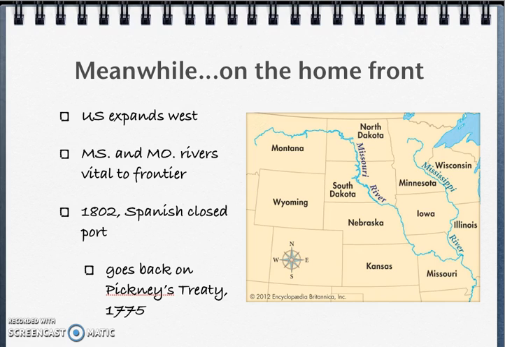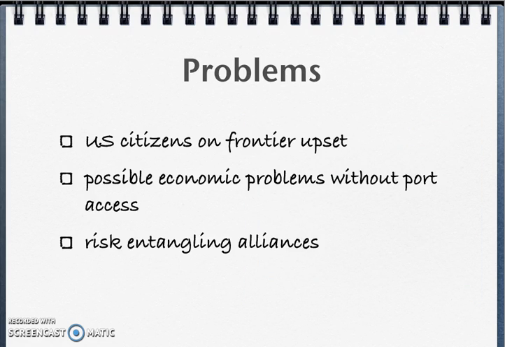And you'll remember that in 1795, the United States brokered a deal called Pinckney's Treaty that allowed the United States tax-free use of that port. So people on the frontier were not happy at all.